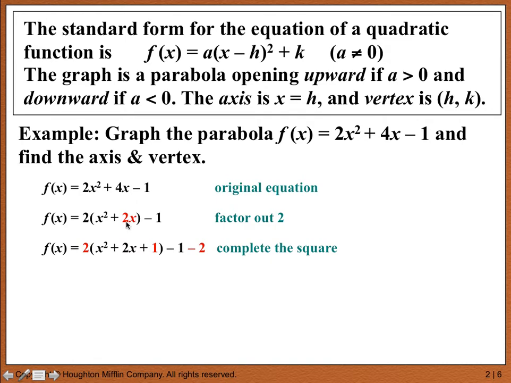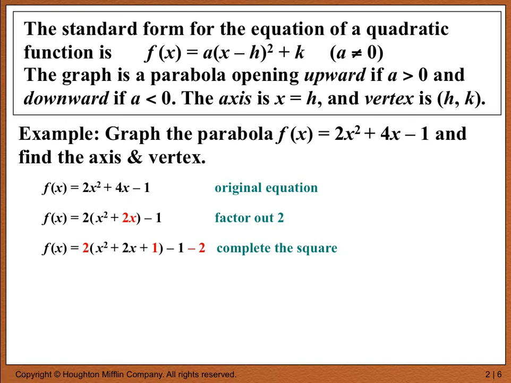And half of that middle term is 1, so we're adding 1. But notice that it's 1 times the 2 that was factored out. So effectively what we've done is we've added 2. And to make up for that, we subtract 2. We added 2 here, so we subtract 2 there, and the net effect is just adding 0. And when you add 0 to something, you don't change it at all.